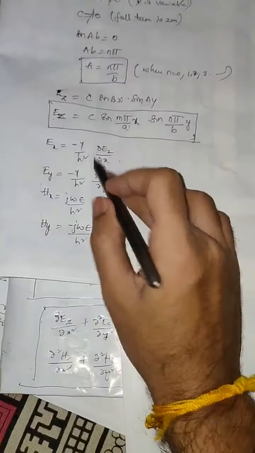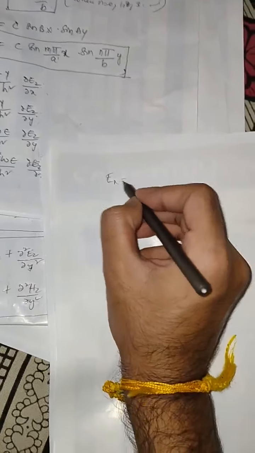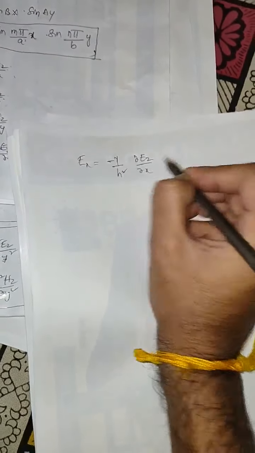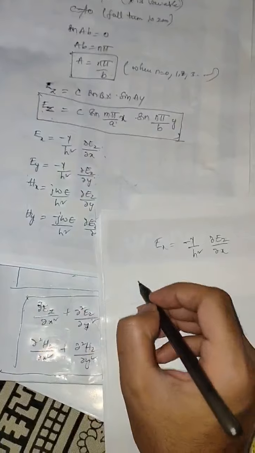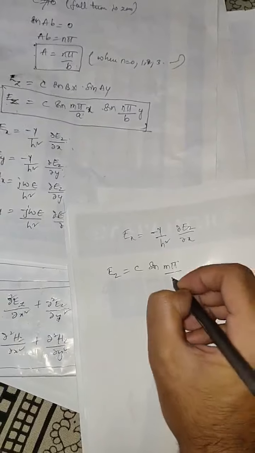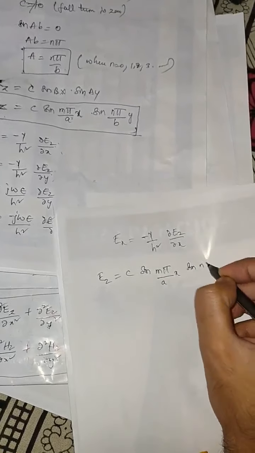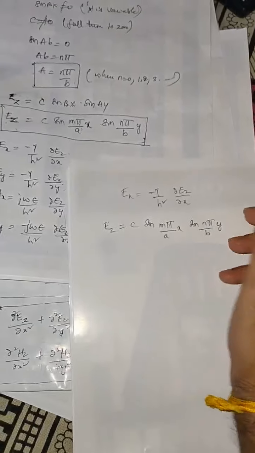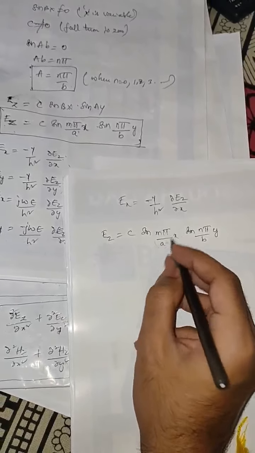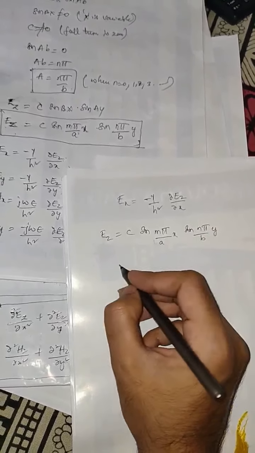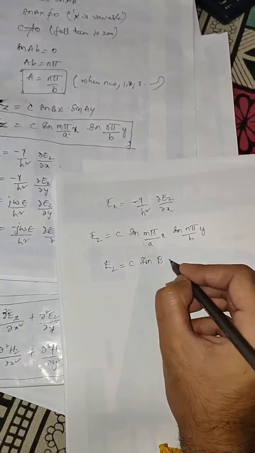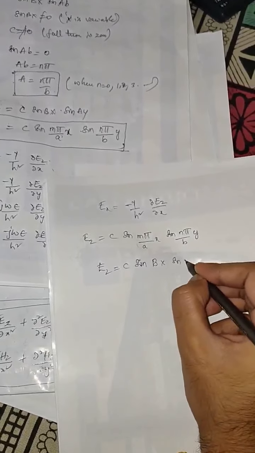These equations: I am writing Ex is equal to minus gamma by h square del Ez by del x. So this is the Ez equation, and I am differentiating this equation. Writing Ez: sin of m pi by a x, sin of n pi by b y. For simplicity, I am writing this in terms of b and this in terms of a again. So Ez is equal to C sin bx sin ay.